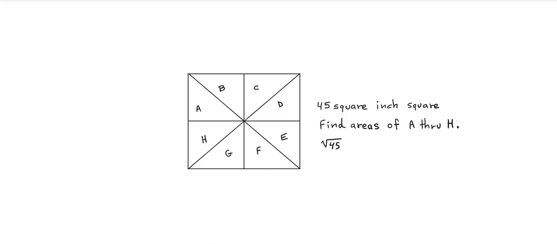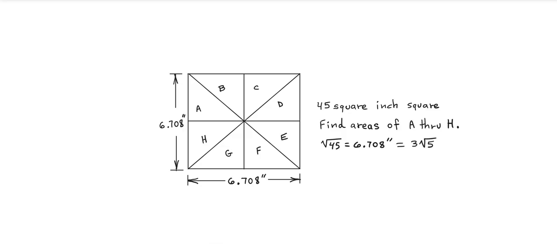So you take the square root of 45, of course, and if it were a decimal answer, it would be 6.708 inches by 6.708 inches square. So it's pretty straightforward. But instead of calculating the decimal answer, you can use the rules for radicals and just find a perfect square that is divisible into 45.